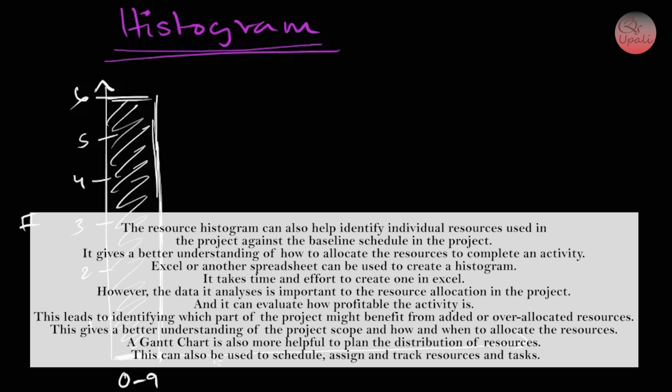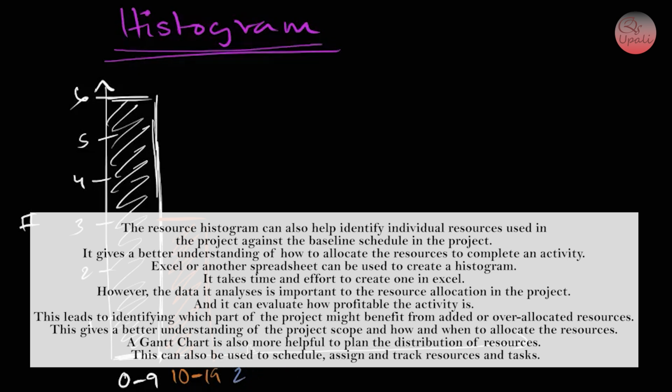Excel or another spreadsheet can be used to create a histogram. It takes time and effort to create one in Excel. However, the data it analyzes is important to the resource allocation in the project, and it can evaluate how profitable the activity is.